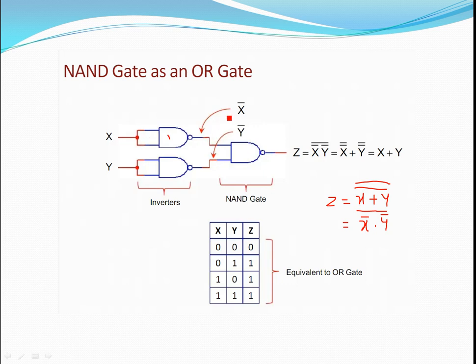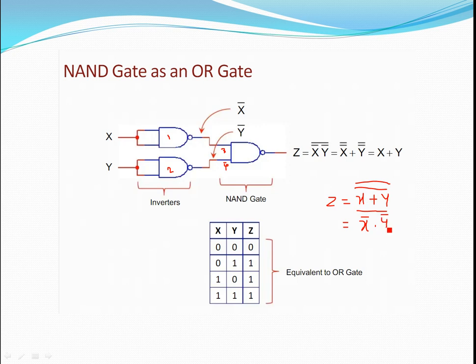So here we'll get X bar, and for the same, Y bar, second NAND gate, Y is the input and the output of this NAND gate is Y bar. So now for the third NAND gate, one input is X bar and another input is Y bar.